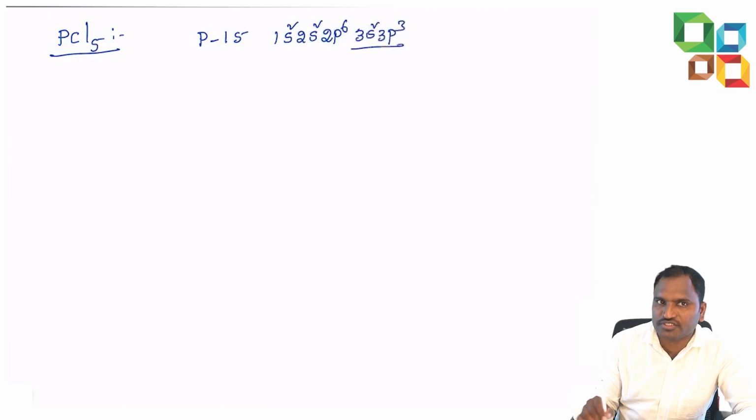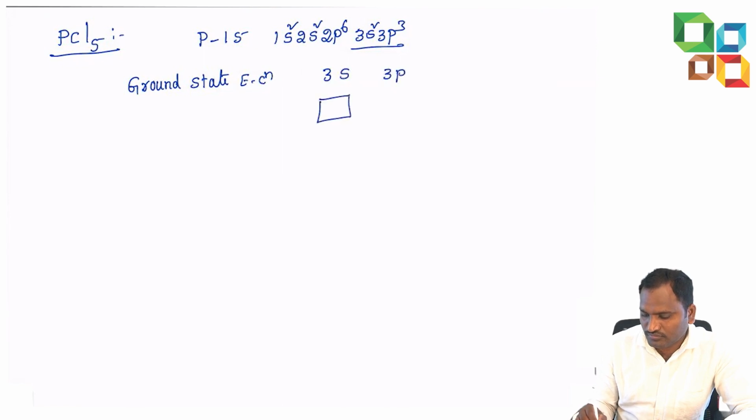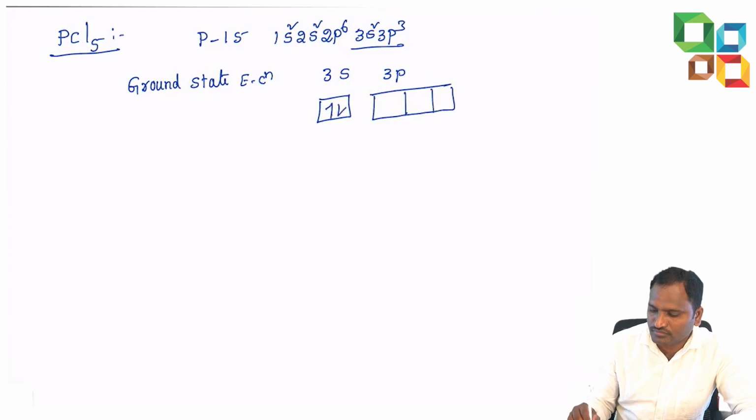Phosphorus. Valence shell is the third shell, 3s2 3p3.